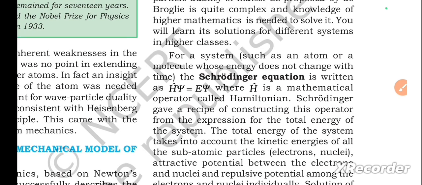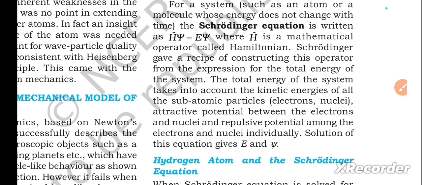For a system such as an atom or a molecule whose energy does not change with time, the Schrödinger equation is written as Hψ = Eψ. You can see the equation here, where H is a mathematical operator called the Hamiltonian. Schrödinger gave a recipe for constructing this operator from the expression for the total energy of the system.